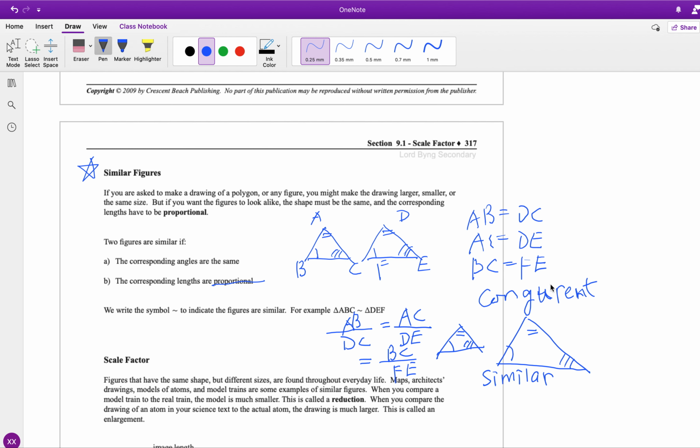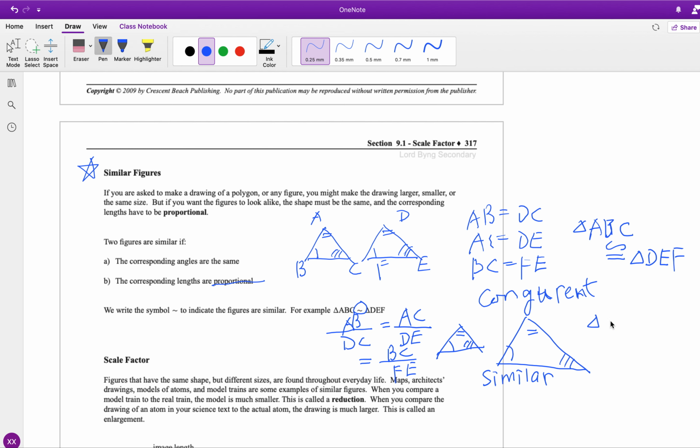For congruent, we write triangle ABC is congruent to triangle DEF. However, when it's only similar, we just use this symbol, so we do not have the equal sign.